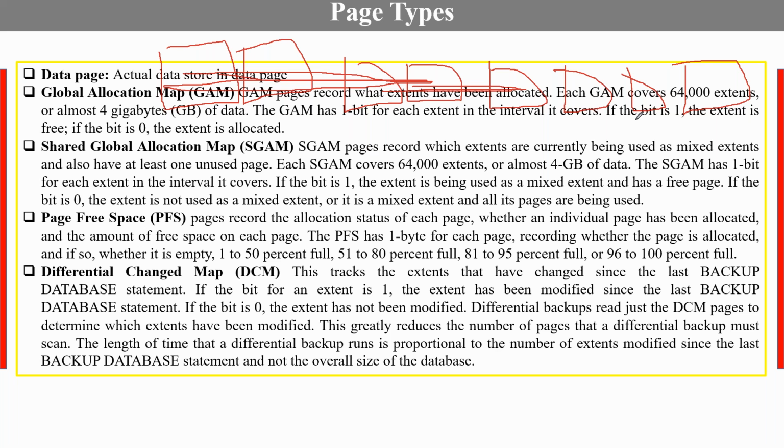That information you get from the SGAM page. So SGAM contains the extents' free space information. Make a note: SGAM contains extent free space information, and GAM contains extent allocation information. Make sense?